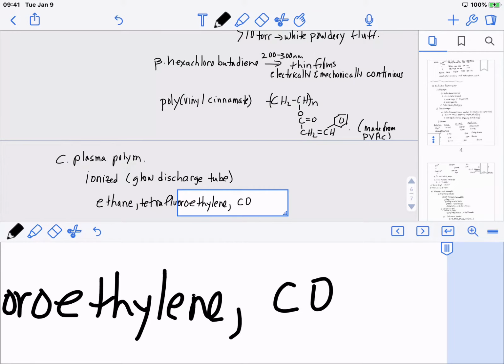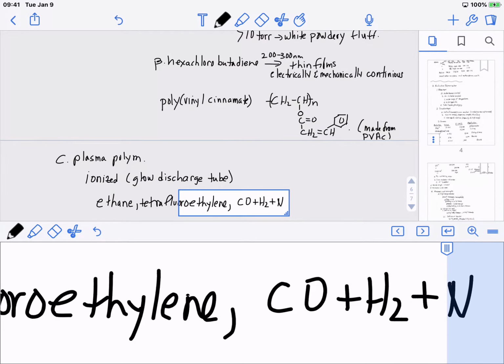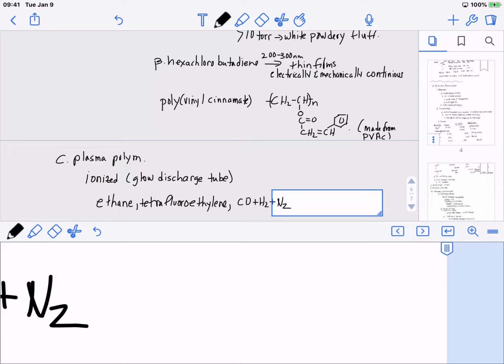You can add CO. You can add H2. Well, I should say these are just things you might add to the mix to control how much hydrogen, nitrogen, and oxygen you have. And you can just polymerize the whole mess.